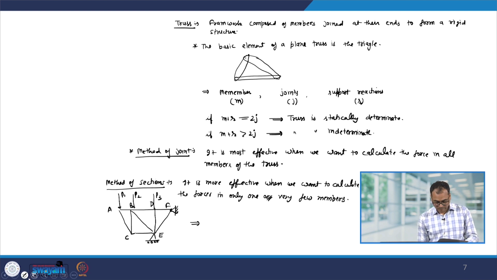Then in method of sections you divide this truss into two complete parts, and we divide it such that it does not cut more than 3 members, because we have 3 independent equations.